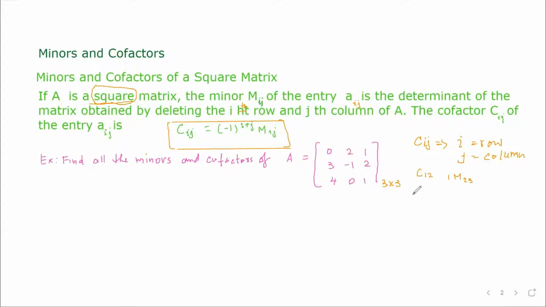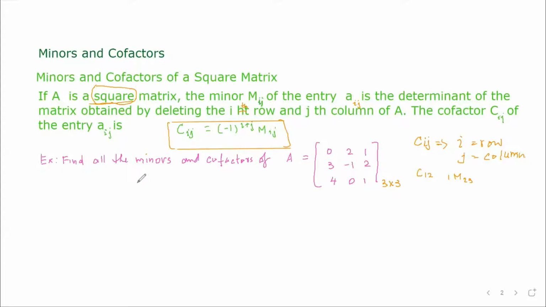So now we can find how to get the minor. They say find all minors. That means you have to find every element inside. But we may not work all of them. We work some, get the idea.